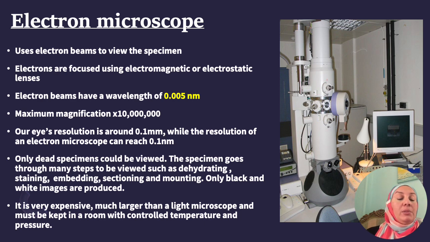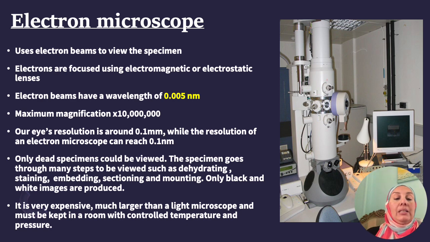Now here there is a limitation. Only dead specimens can be viewed. The specimen goes through many steps to be viewed, and one of them is removing water from the sample, dehydrating it, and staining it with special stains that are mostly made of heavy metals that will obstruct the electron beam. They work like the stains that we use in light microscopes, interfering with how light passes through, which makes things look darker or lighter in contrast to one another.